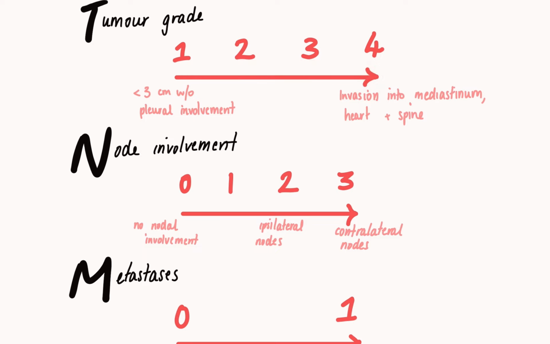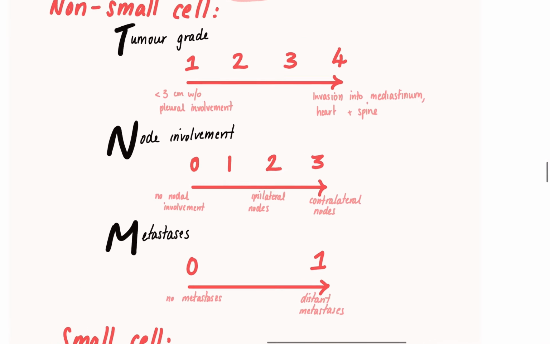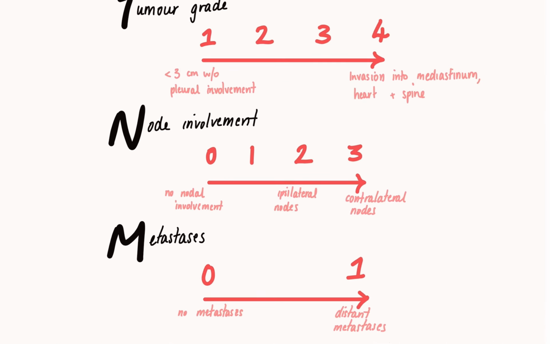In terms of nodal involvement, 0 indicates no node, so no lymph nodes. 1 indicates a singular ipsilateral node. 2 indicates multiple ipsilateral nodes, and 3 indicates contralateral nodes involved. And then metastases is just 0 or 1.